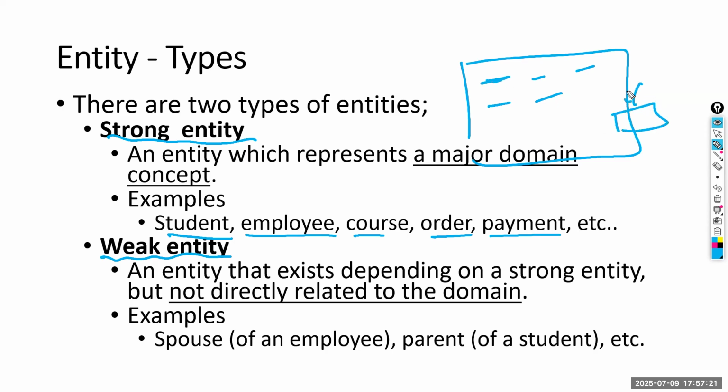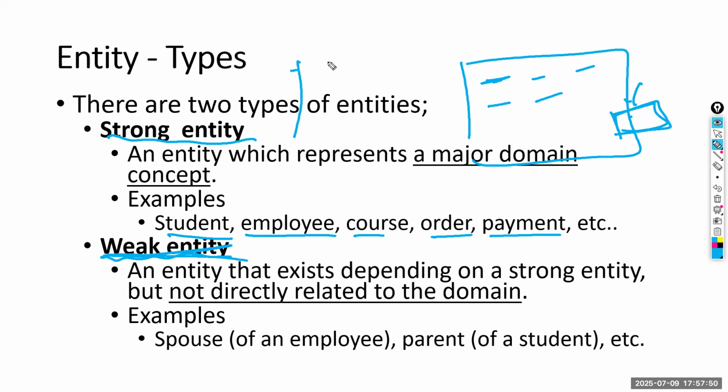Of course, we are not teaching the parents, but maybe if the student has some illness, or there is some disciplinary matter, we need to inform their parents. Other than that, we are not interested in parents in our education system. So then parent is a weak entity.